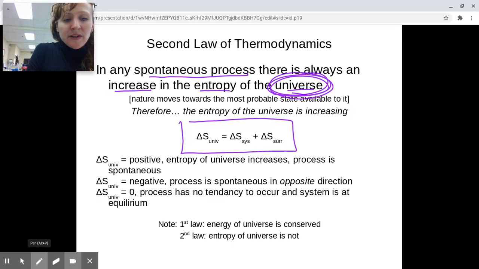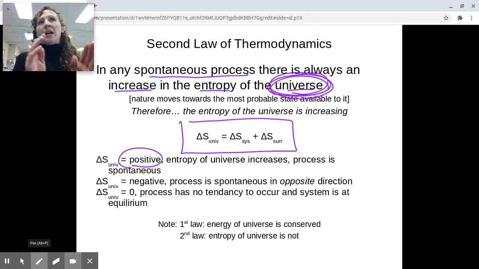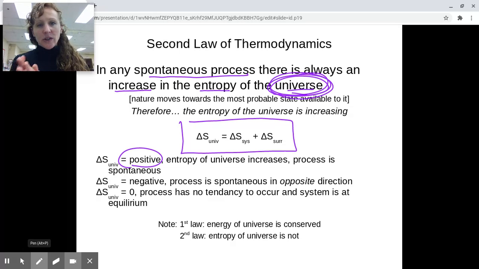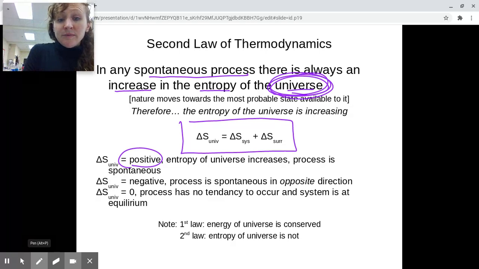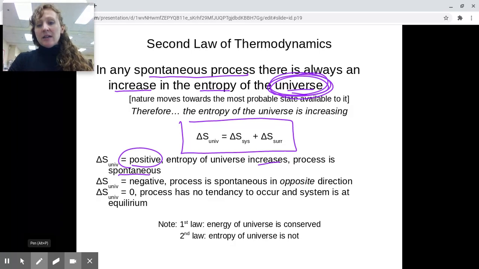If entropy of the universe is positive, that means the entropy of the universe is increasing. So your perspective in that case is going to be the universe. If it's positive, the universe is increasing, and therefore the process is spontaneous.